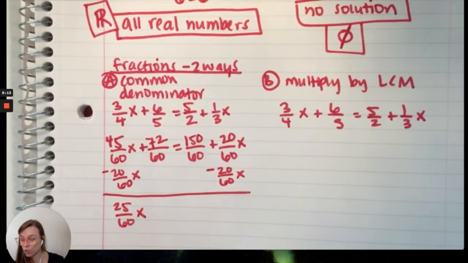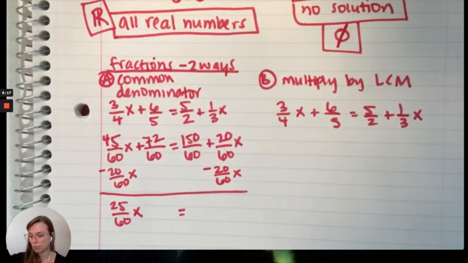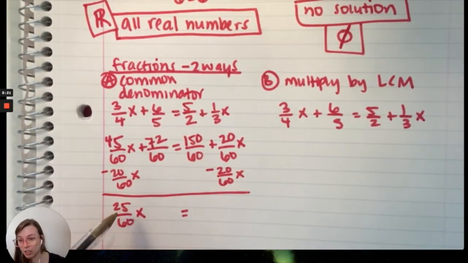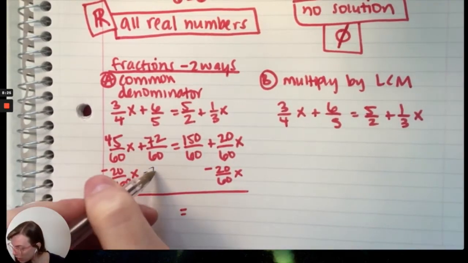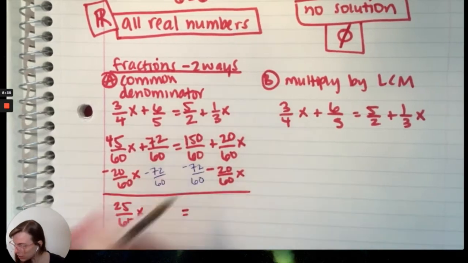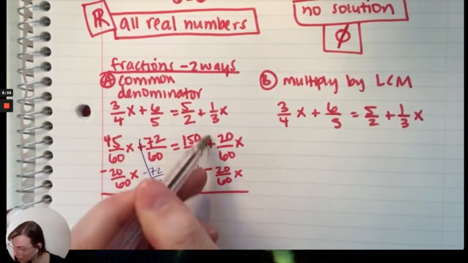And I'm actually going to do 2 steps at the same time. I'm going to do it in blue just so you can see it. Since my variable is going to be on my left-hand side, I have to move the constant to my right. So I'm going to subtract 72/60ths from both sides. I'm making this go to 0. So note that these go to 0 and these go to 0.